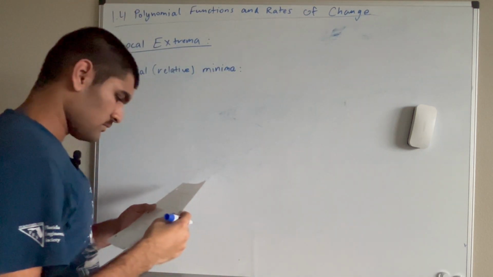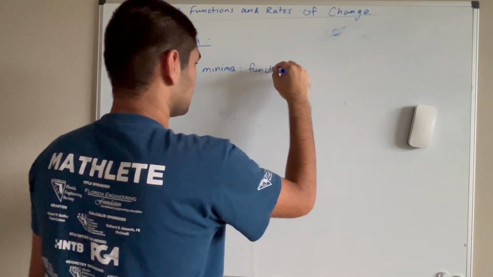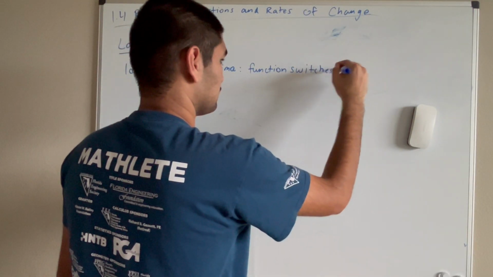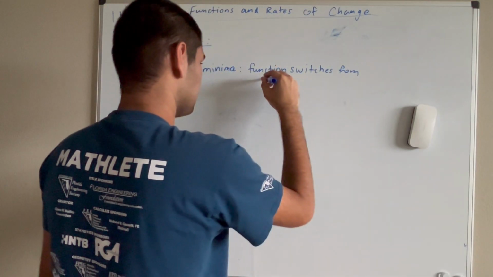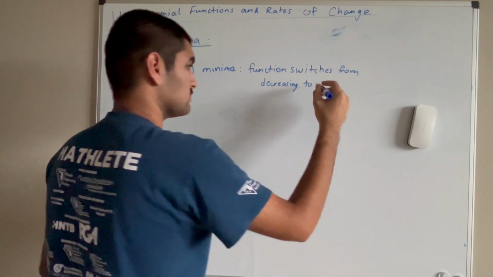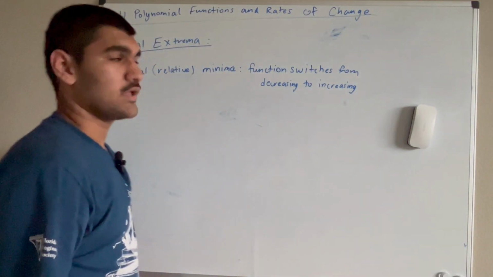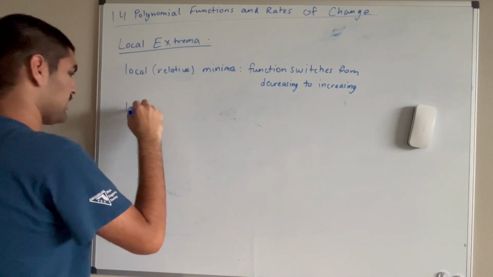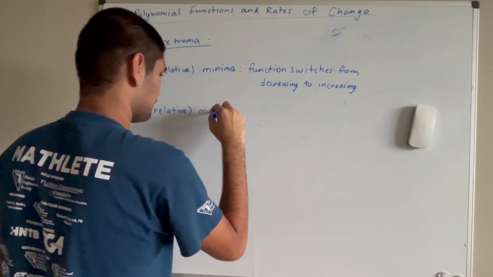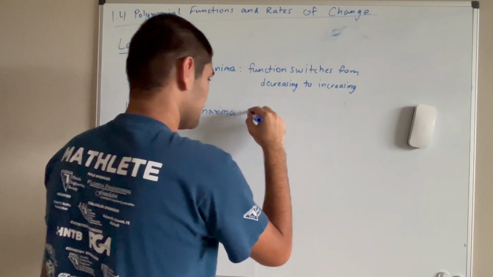Okay, so this occurs when the function switches from decreasing to increasing. Okay, and we have next local or relative maxima, and that's when the function switches from increasing to decreasing.